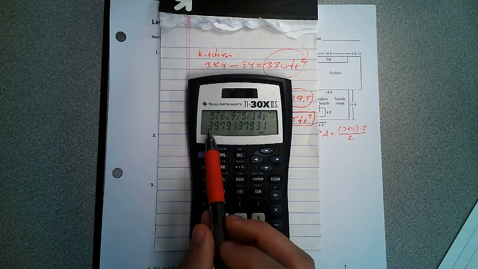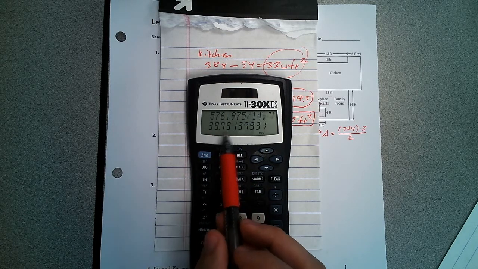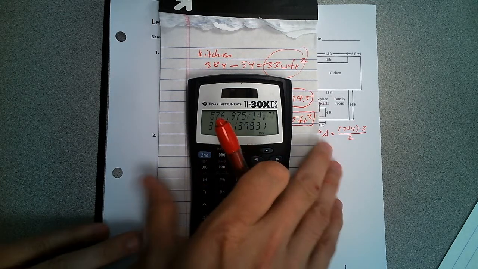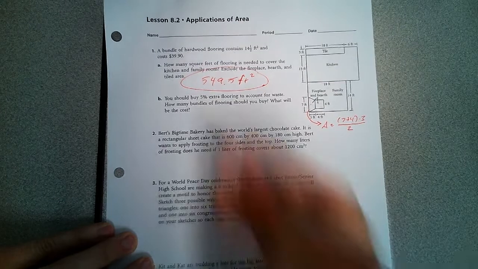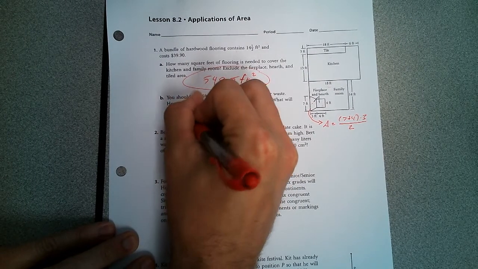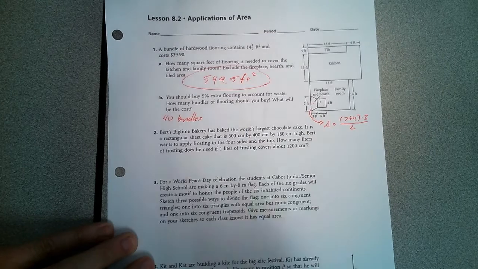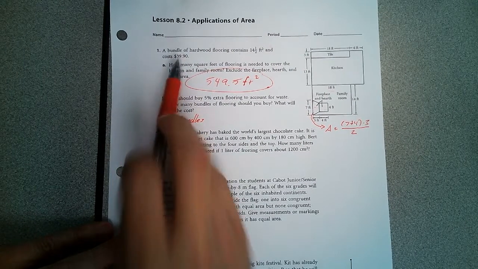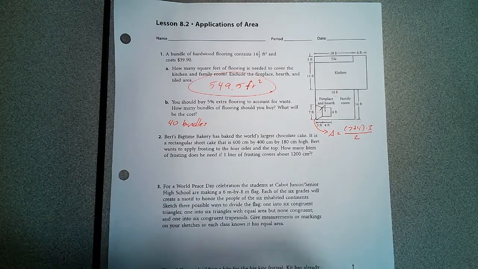Now, you can't buy part of a bundle, right? So I can't go buy 39 bundles and then, like, take pieces of other wood, right? So I have to round this up. I'm going to have to buy 40 bundles. I'm kind of stuck buying 40. What will that cost? Well, the cost for a bundle is $39.90.